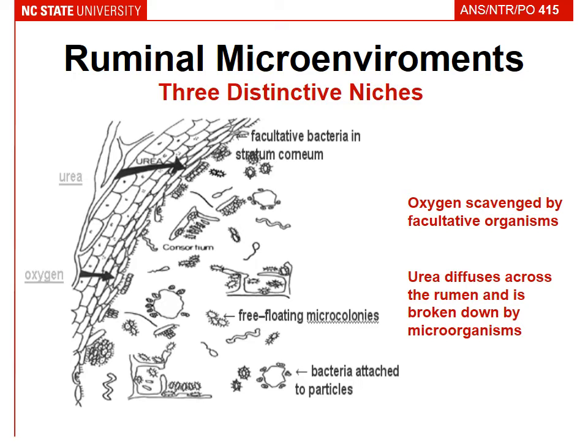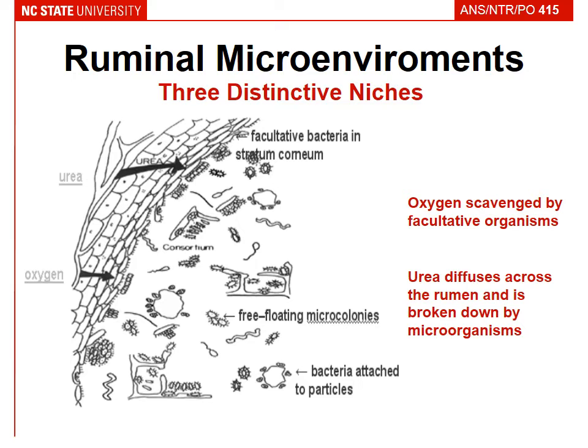So here we have a schematic of the three distinctive niches. Here you can see the facultative bacteria are the ones that are bound to the stratum corneum. So these are the dead cells. The facultative bacteria are able to bind to those, and they're scavenging oxygen. In addition, urea is able to diffuse into the rumen, and the microbes are able to break down that urea to its nitrogen components, and then utilize that nitrogen to make microbial protein.